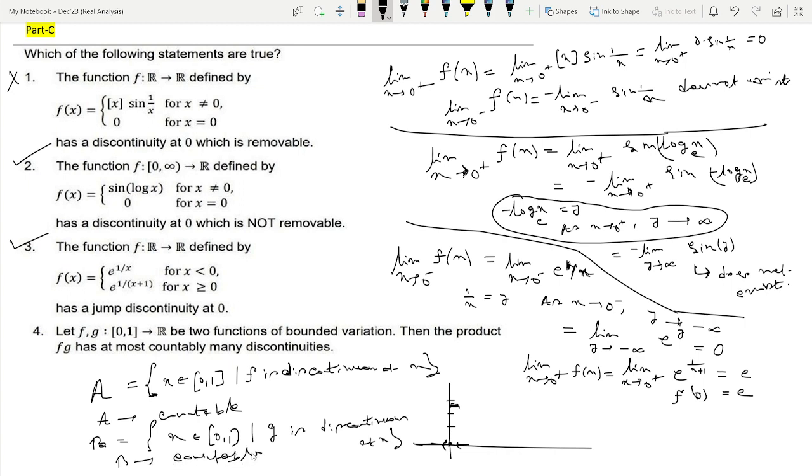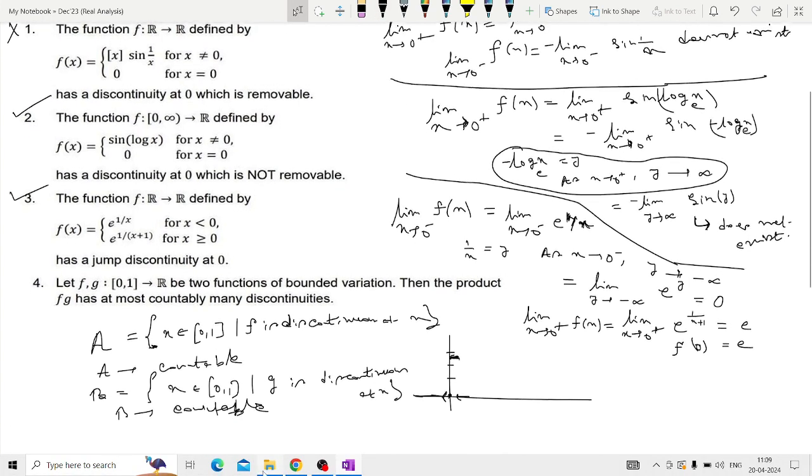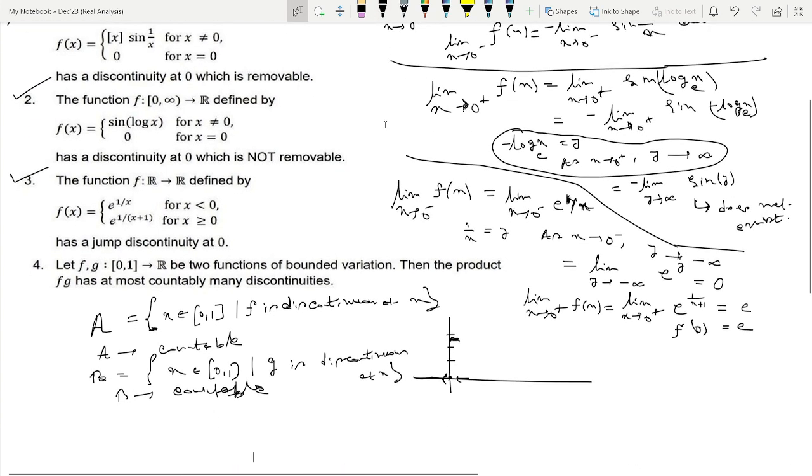And clearly if we take one point which does not belong to A as well as does not belong to B, then at that point f is continuous, g is continuous, and so fg will be continuous.